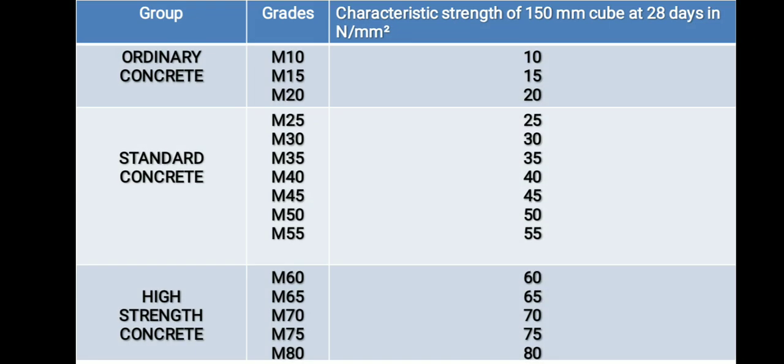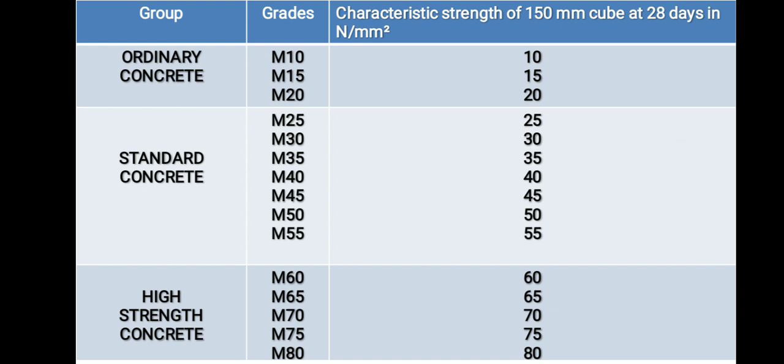Here, as you can see, there are many different kinds of grades, and beside the grade column, there is a column giving the characteristic strength of 150 mm cube, or we can say 15 centimeter cube, at 28 days in Newton per mm square.